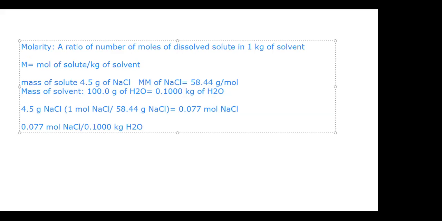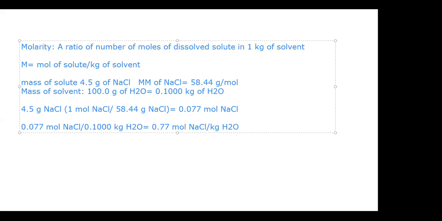Okay, and so essentially what you are going to get here when you plug those in is you'll have 0.77 moles per kilogram. Okay, and that can be moles of NaCl per kilogram of H2O. All right, both of those are molarity things, and it just kind of depends on what you're given.